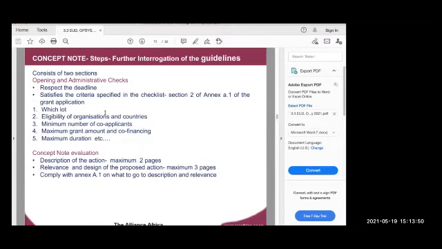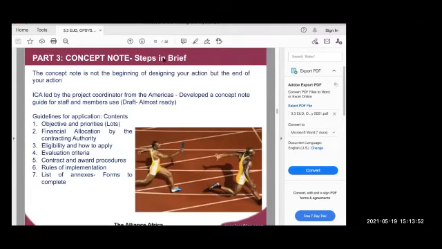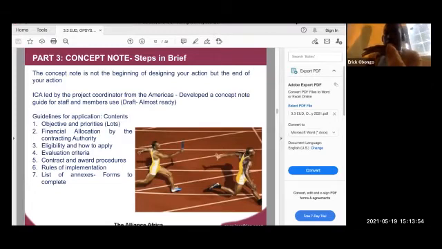Okay, thank you. So the other part which we would also like the participants to appreciate is the various steps which are involved in the concept note development. Like I told you, this is for a restricted call, the one which requires you to go through the concept note and then the full proposal.